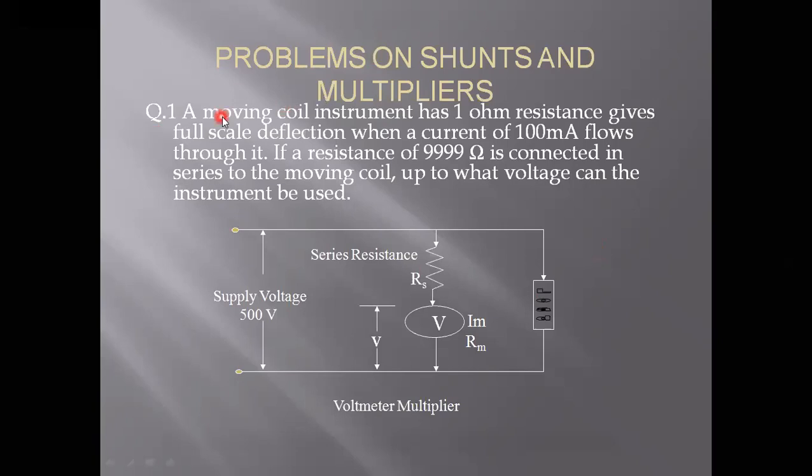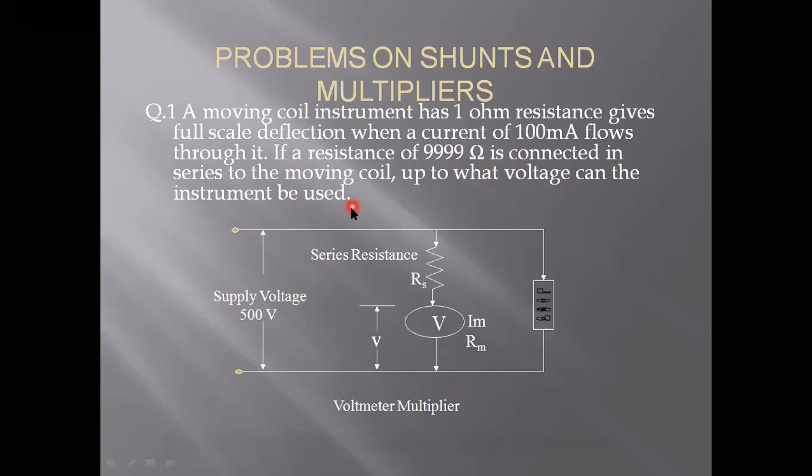There is one problem. It says that a moving coil instrument has 1 ohm resistance and gives full scale deflection when a current of 100 milliamperes flows through it. Now, if a resistance of 9,999 ohms is connected in series to the moving coil, up to what voltage can the instrument be used?